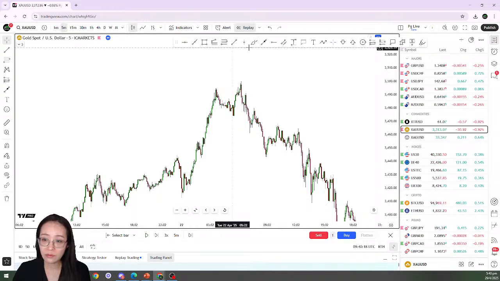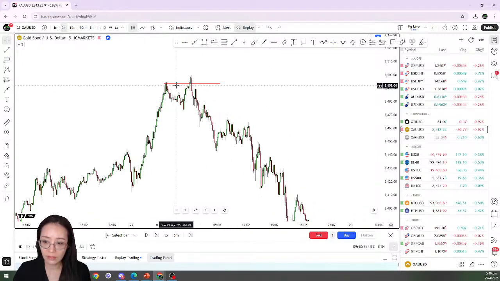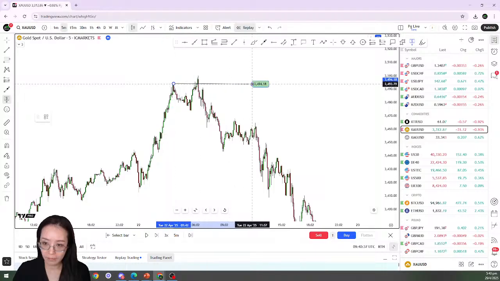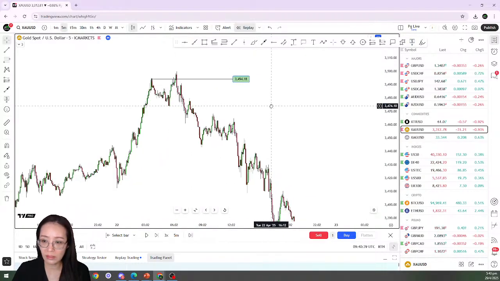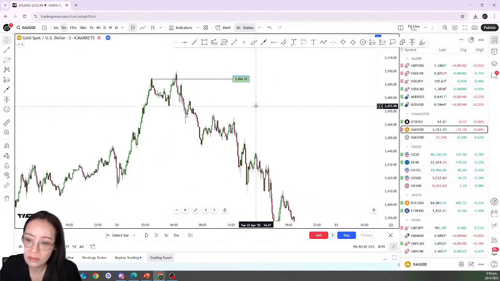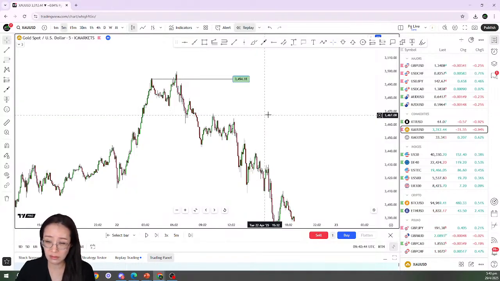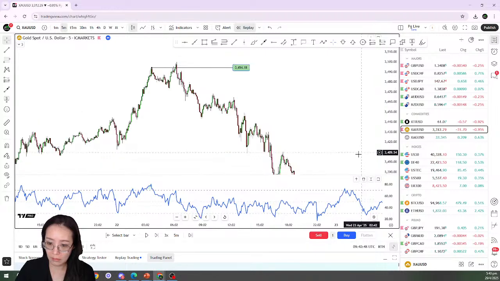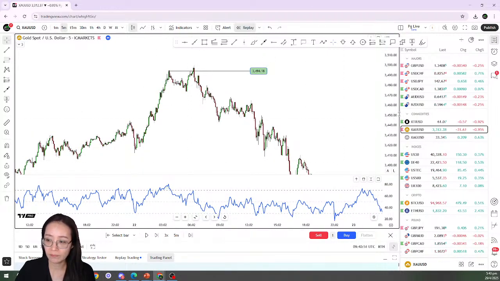If I were to identify this one as my first resistance level, okay, let's say you identify it at 3494, which is over here.